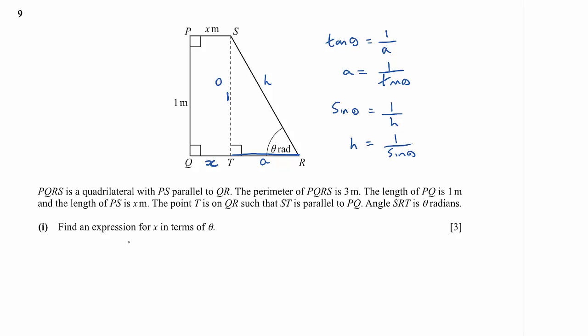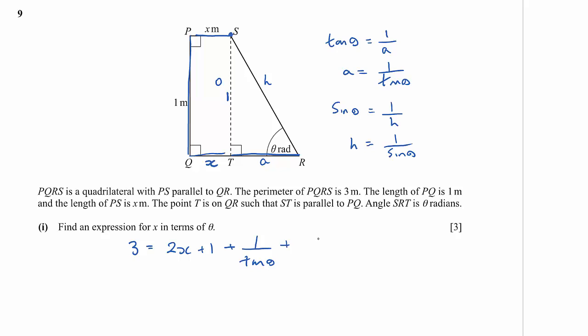So the perimeter, which we know is 3, is going to be, let's start here, x plus 1 plus x. So that's 2x plus 1. Add the a, which is 1 over tan theta.